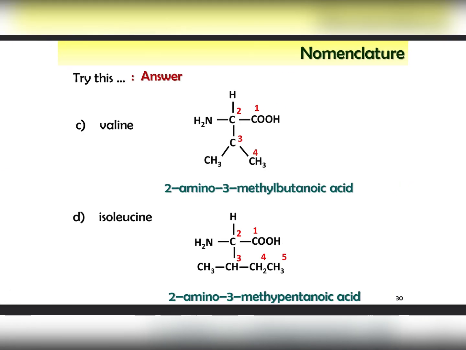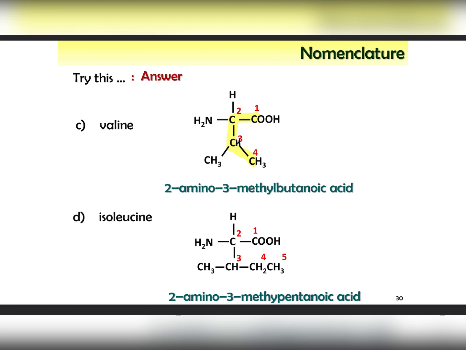And kalau valine, you have this one is, so ini ada CH. Okay, so this structure 1, 2, 3, 4. So ini adalah 2 amino 3 methyl butanoic acid sebab ada 4 carbon. Right, so next isoleucine.